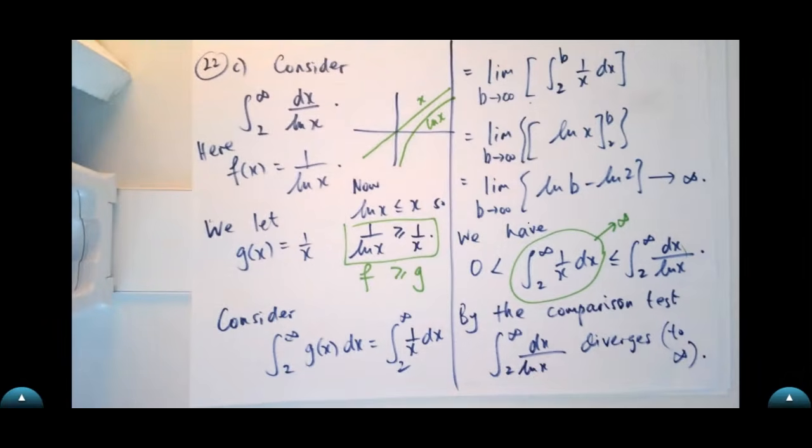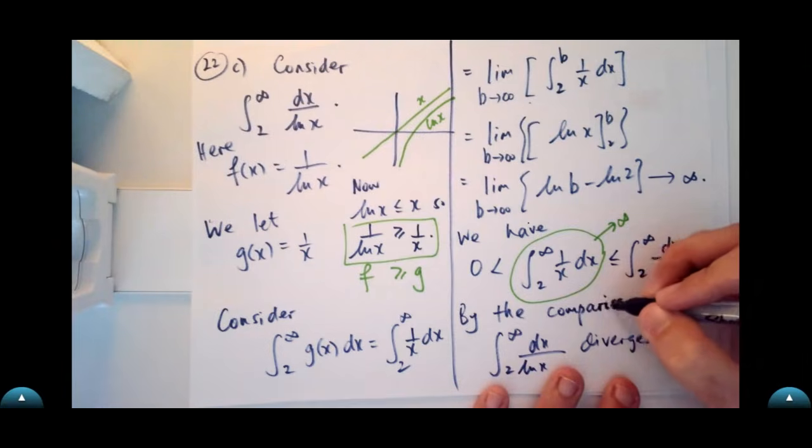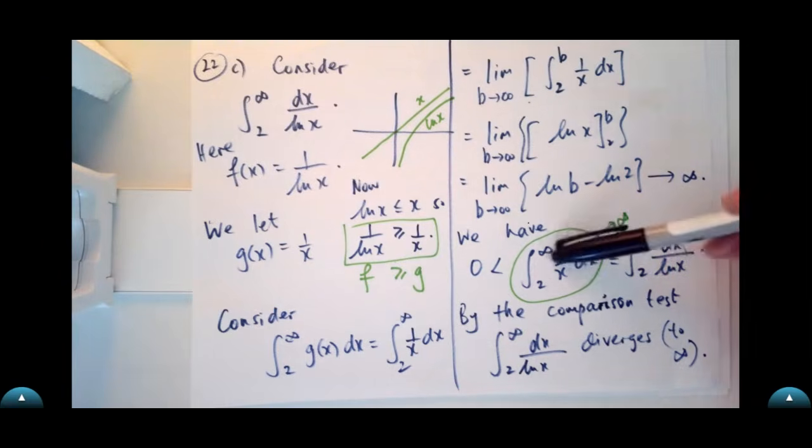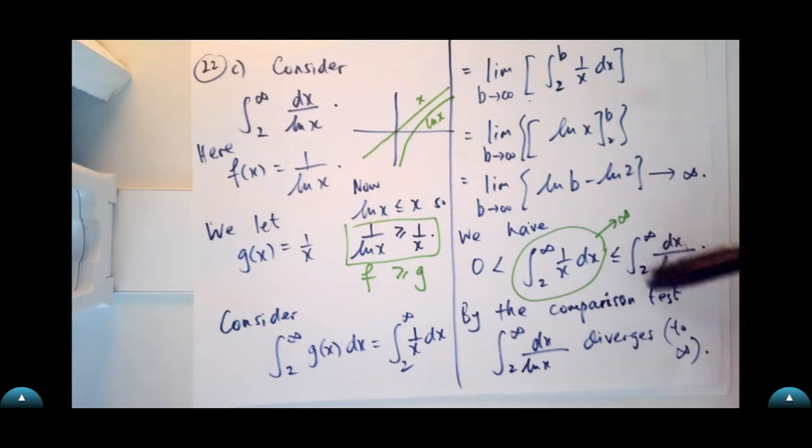So that's our conclusion by the comparison test. If you have something that's infinite and something that's a bit bigger, the bigger thing's got to be infinite as well, okay? That's just one example. There are other ways of applying this comparison test.